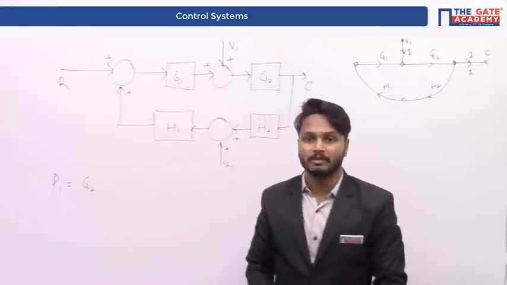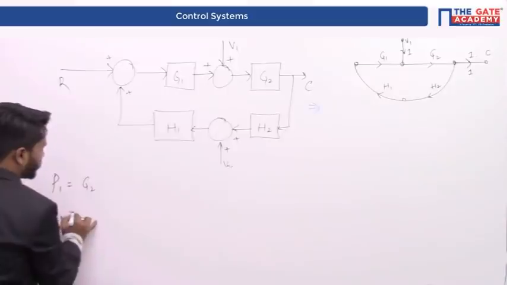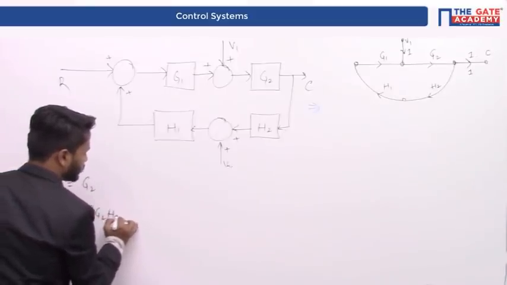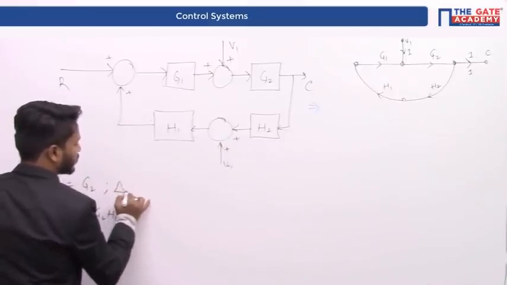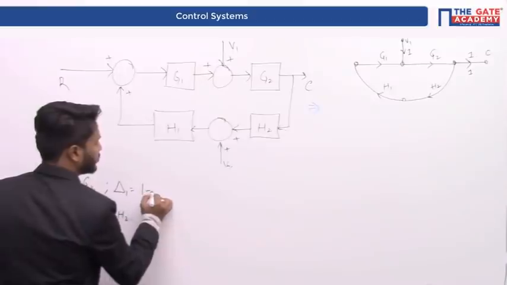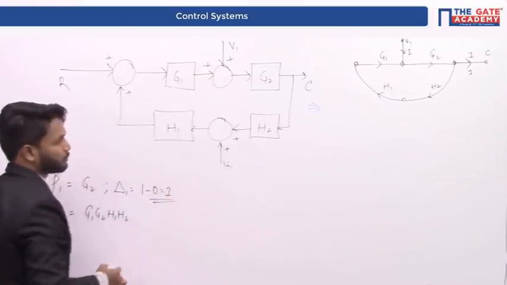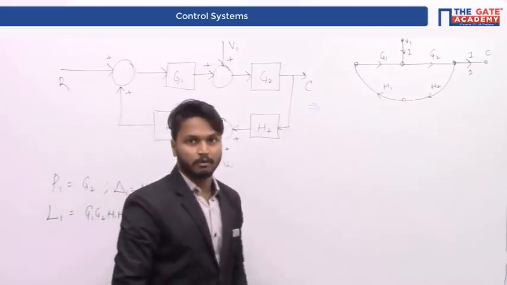It is same as the previous case. That is loop L1 is equal to G1, G2, H1, H2. And let us calculate delta 1. Delta 1 is simply 1 minus 0, that is equal to 1, because there are no loops which are not touching the first forward path.